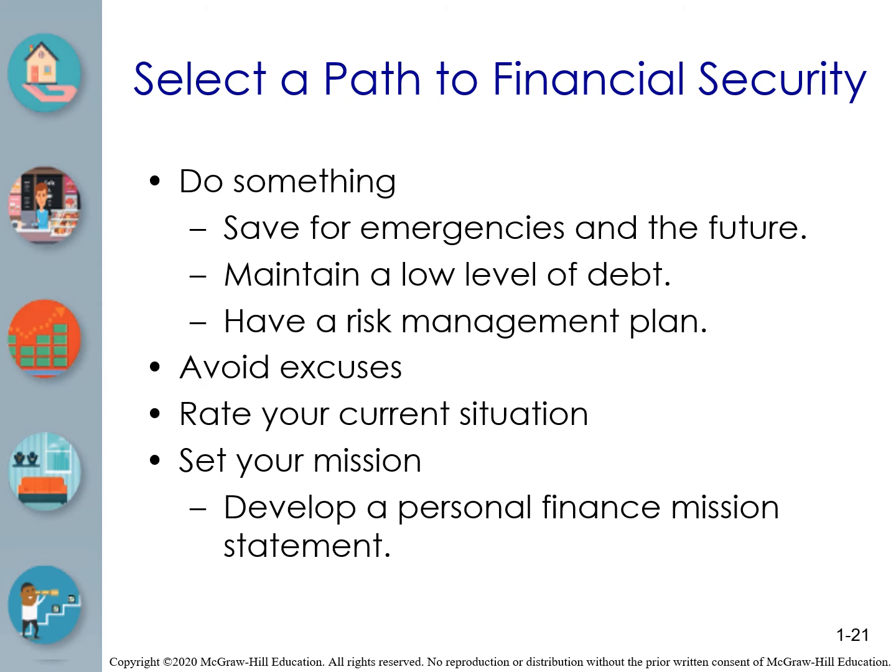Selecting your path to financial security: do something, save for emergencies. What this means is that there are things you do right up front. Always keep in mind that you pay yourself first, if at all possible. That aside, and we'll be getting into that as we move forward, you have to save for those emergencies and also think about the future. I know when you're young, you tend not to.